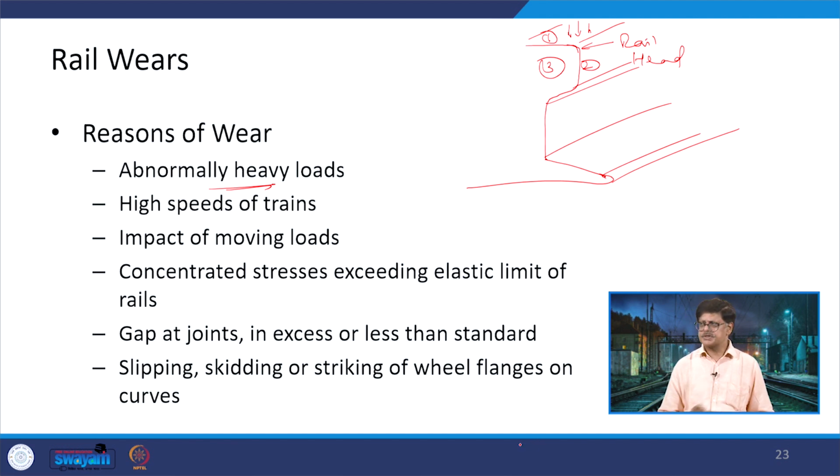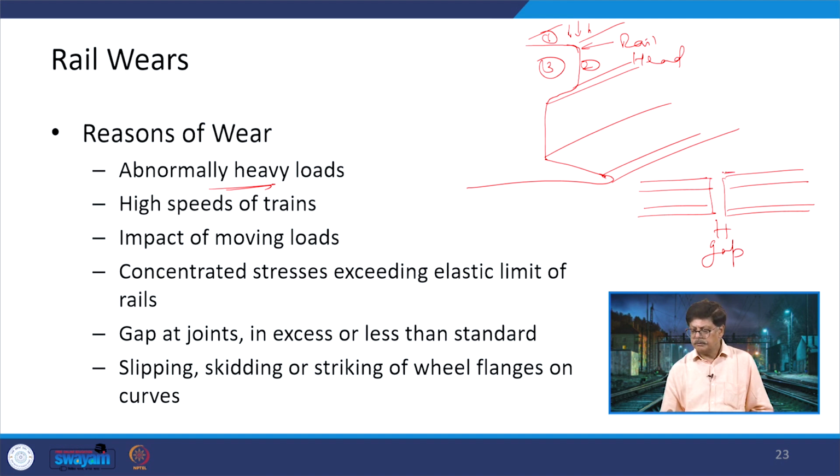But we have also discussed that when the two rails have been jointed together in this form, and if there is a problem with the gap, or if there is a problem with respect to the level of the two rails, the rail 1 and the rail 2, and there is a movement of the wheel at this location, then there is a hitting at the rail end.